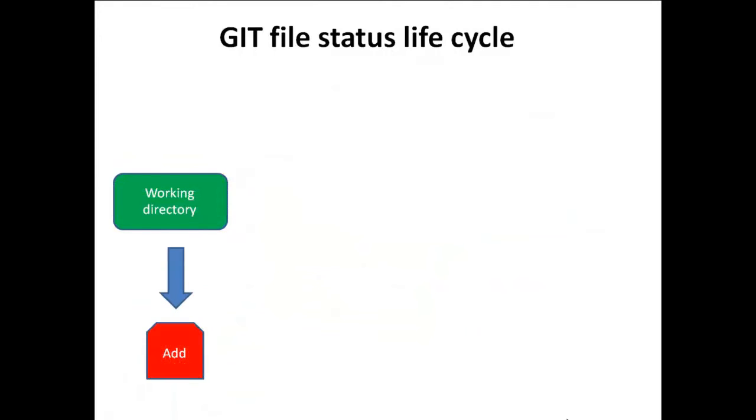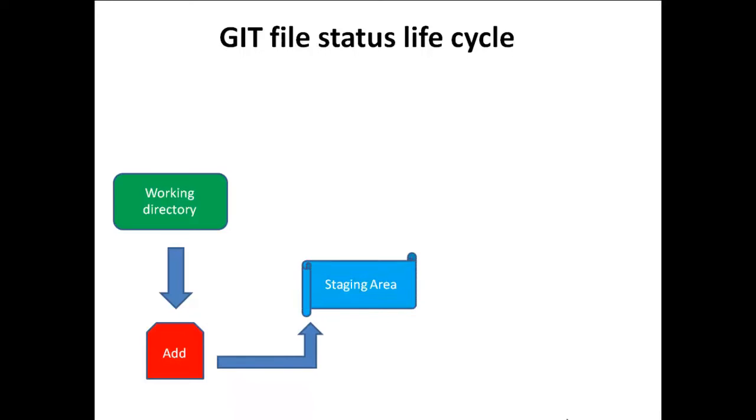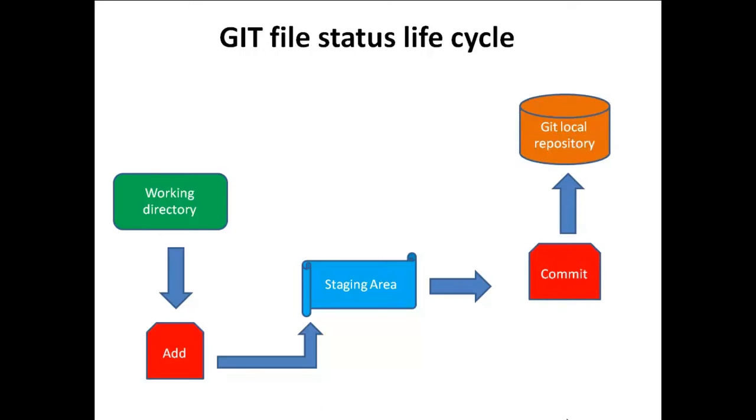Whatever we have seen so far, we have a working directory in which we have added the files in which we have written the code. Those files are then taken to the staging area. From there we commit these files, and then they are taken to the Git local repository.